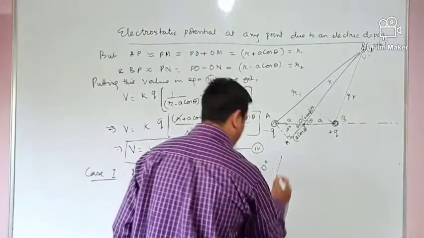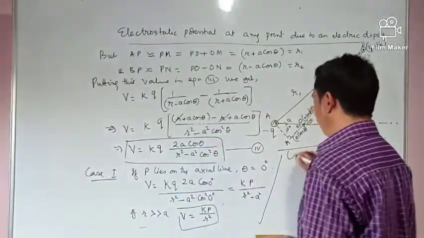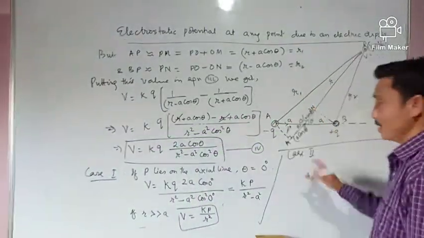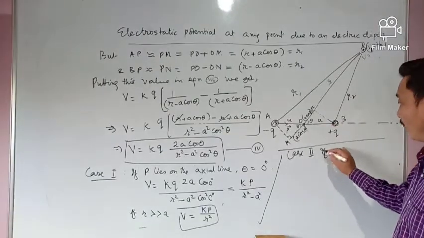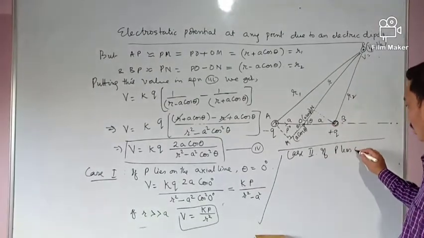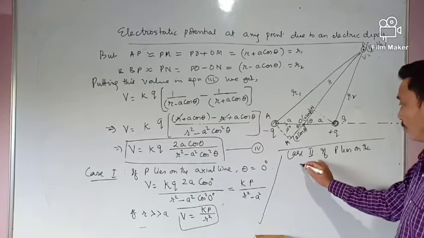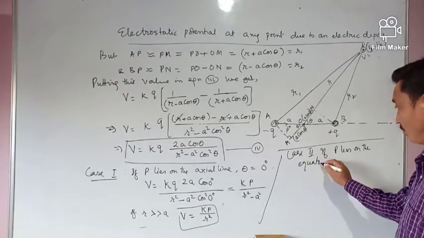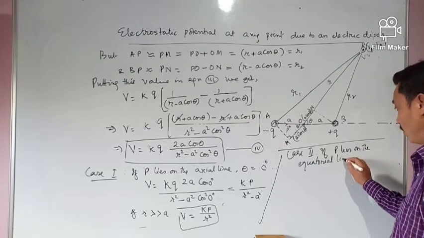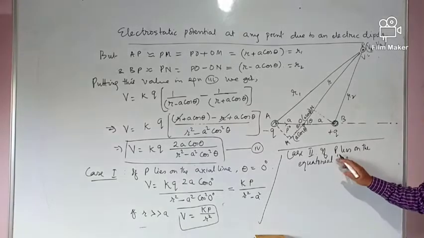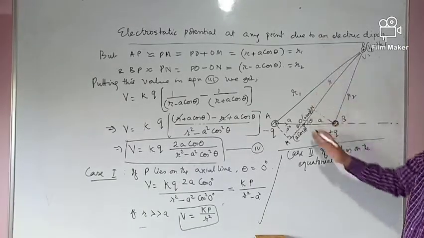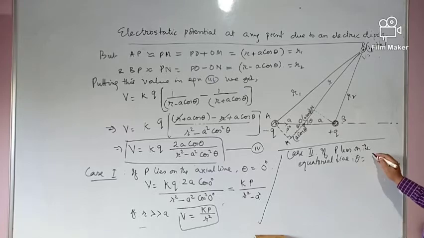Now case number two: if P lies on the equatorial line, that means along the line, on the equatorial line theta equals 90 degree.